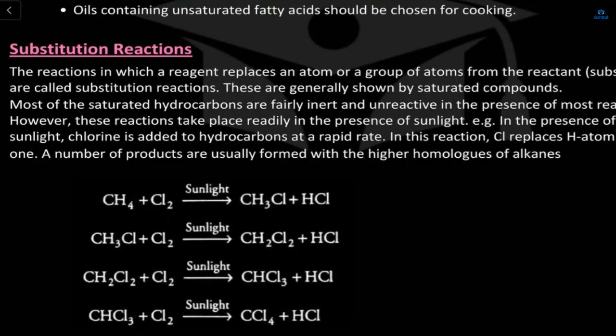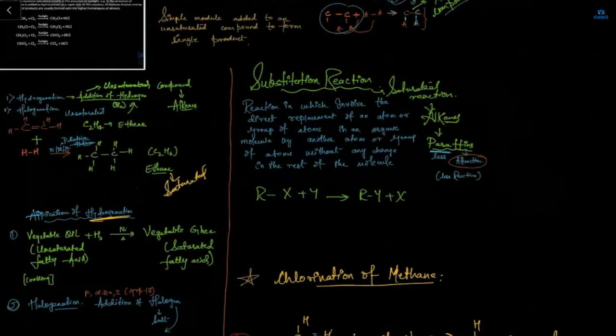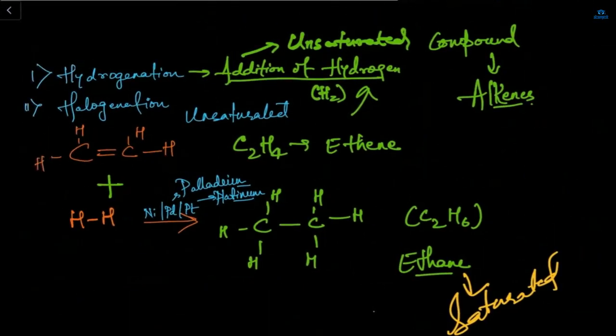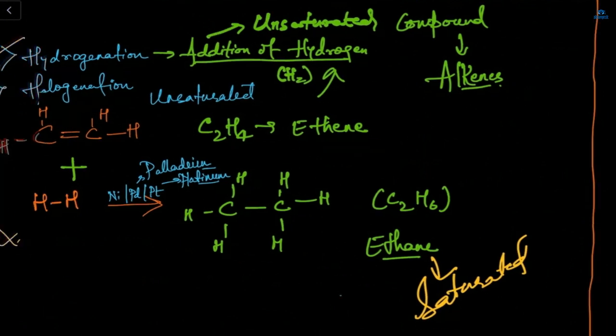Now next is the substitution reaction. What is the meaning of substitution? Same as displacement reaction. But first, hydrogenation also means the addition of hydrogen. For example, if you see this example, here is ethene.